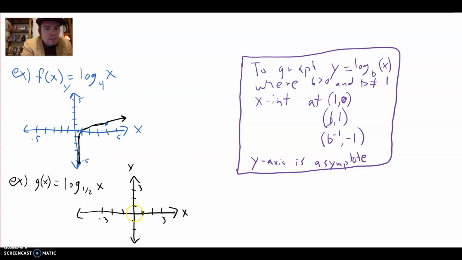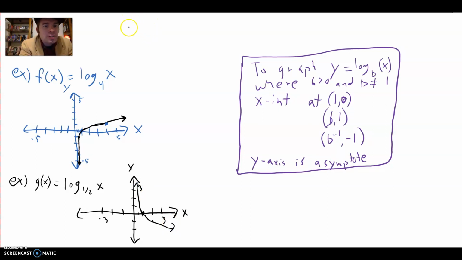We have the point (b, 1). b is 1/2 this time. So (1/2, 1) is up. And then we have the point (b inverse, -1). The inverse of 1/2 is 2, so that's (2, -1). So if we go to draw this, it goes up like that. And that's our graph.